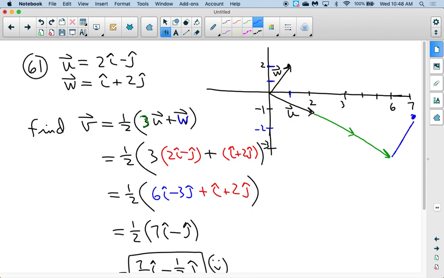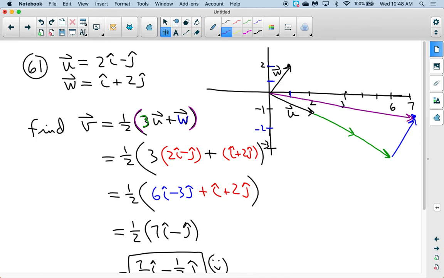So that's 3U plus W, and that would be 7, -1.